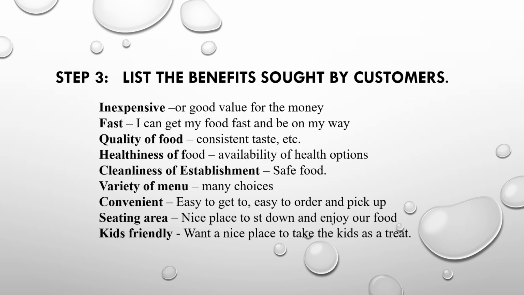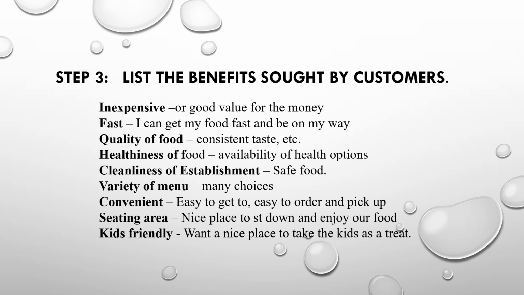Step 3 is the list of benefits sought by customers. So I've listed some of the benefits that people might want when they go to a fast food restaurant. They might be interested in inexpensive food, or fast, that is, the food is there as soon as they order it. They might be interested in the quality of the food, the consistency of the taste. They might be interested in the healthiness of the food, that is, available healthy options, perhaps a fruit cup being substituted for French fries.